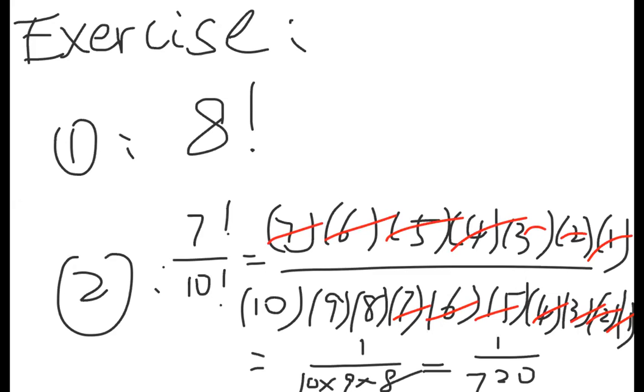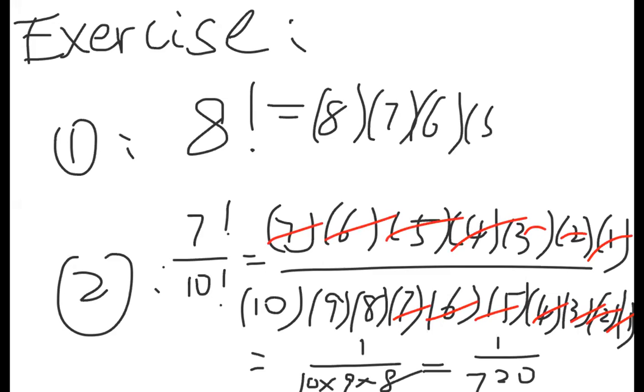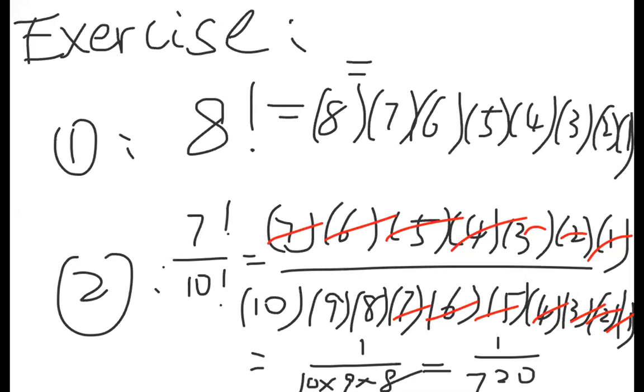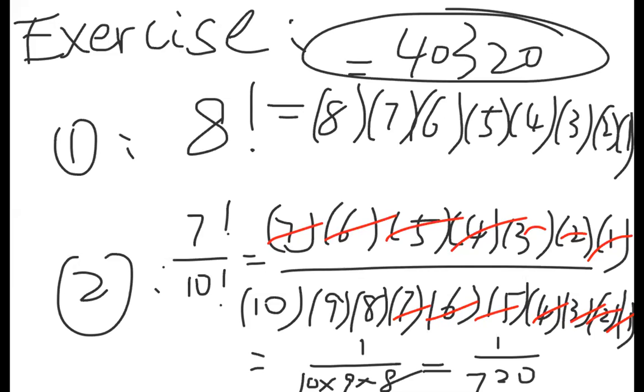So for the first one, a factorial, you just expand the factorial. The result should be 4320.